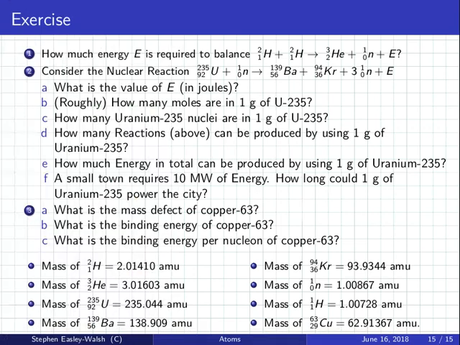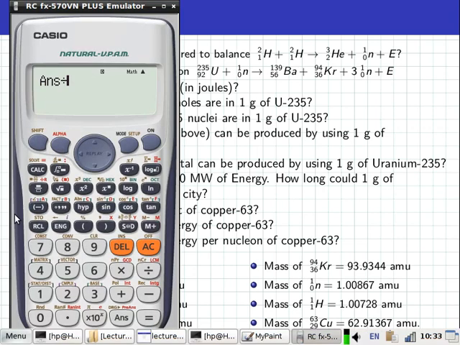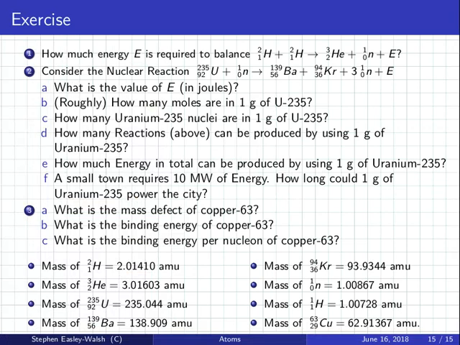Now, I don't say it, but we usually use electron volts for the energy because it's so small. So divided by the electron charge, and we probably need to make it mega electron volts as well. 551 mega electron volts is the binding energy of copper.